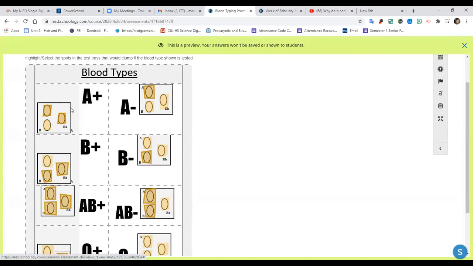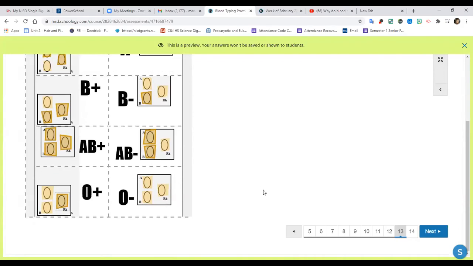Oh, this was A. Wherever it clumps, that's where your blood type will be determined. The only tricky one will be probably the O's. Just keep in mind that O's do not have A and B. That's why they won't clump at all on A or B. O will clump only on RH, and that will tell you only if it's positive. Okay, guys? Okay, let's go on to the next one.